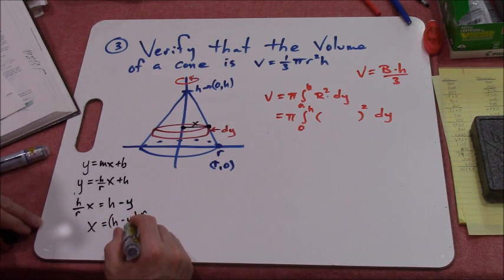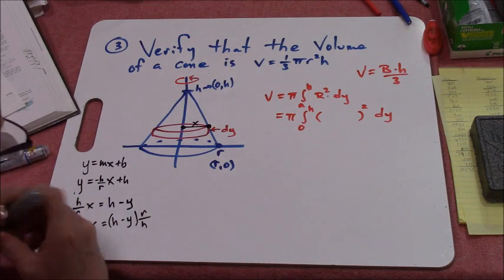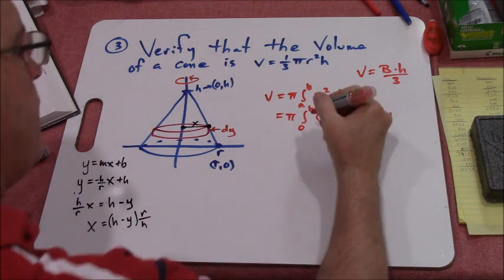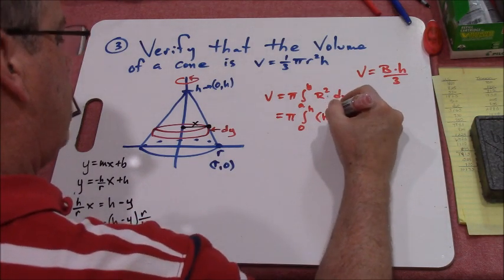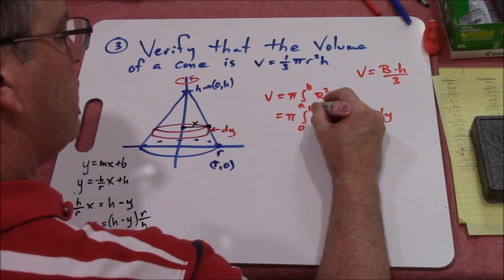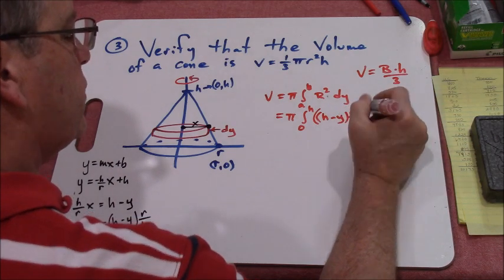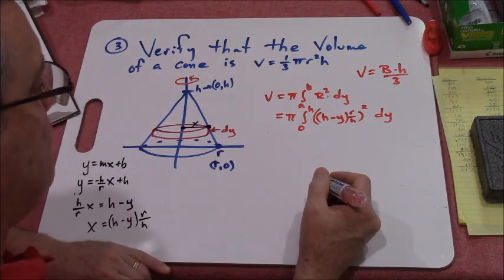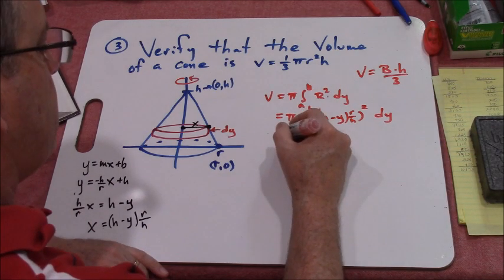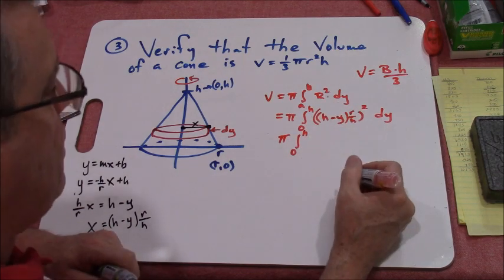That's the radius that needs to go into here. So if I put that in there, I've got h minus y times r over h. Well, let's work through this. Pi times the integral from 0 to h.